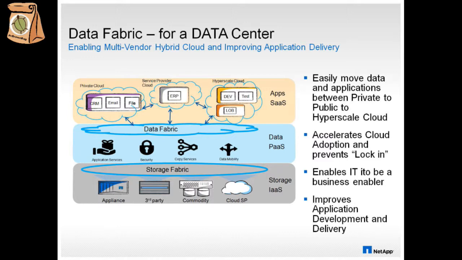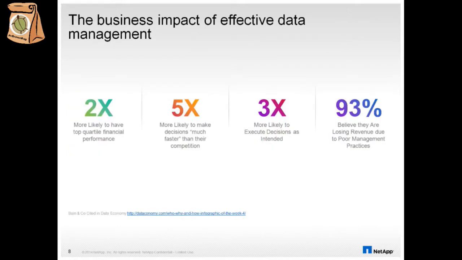And why are businesses liking that? Because this is the business impact of effective data management. You get better decisions. 2 times more likely to have that reflected inside of financial systems. These are top-level management things. I think this is from Booz Allen. I'll check the details later on. 5 times more likely to make better business decisions.